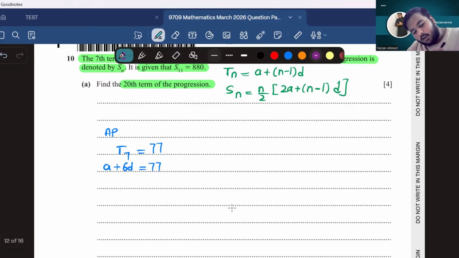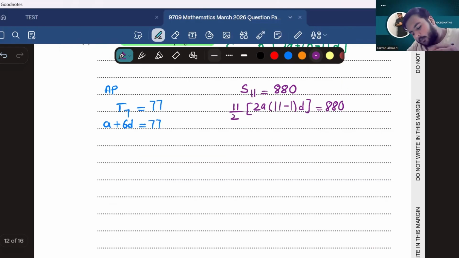So S11 is equal to 880. In the place of S11, we will write n is 11 upon 2 whole bracket square bracket 2a plus bracket 11 minus 1 into the difference, which we do not know, is equal to 880. Now this will be 22a plus 110d is equal to 1760.